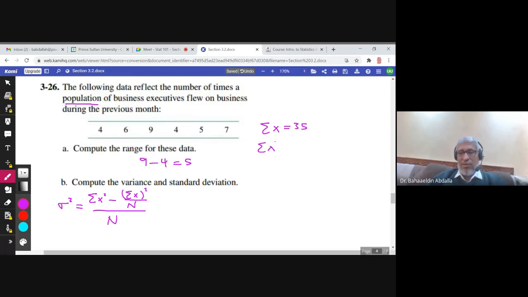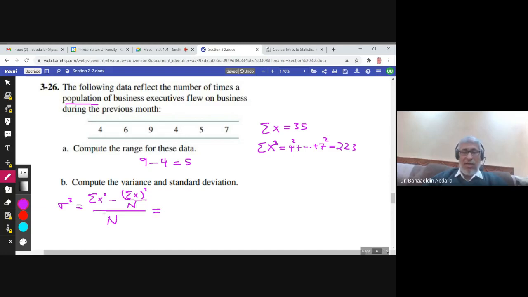And you can find summation x square by finding 4 square plus up to 7 square, and you will get the number 223.